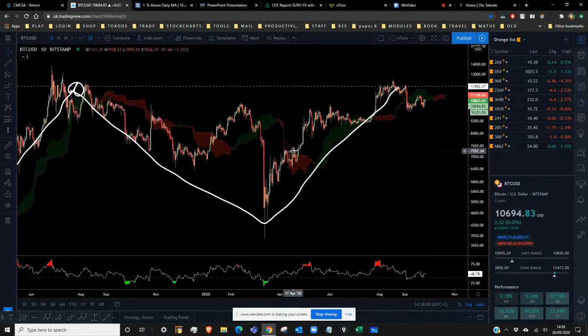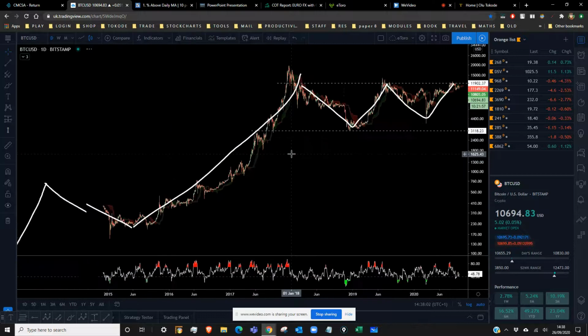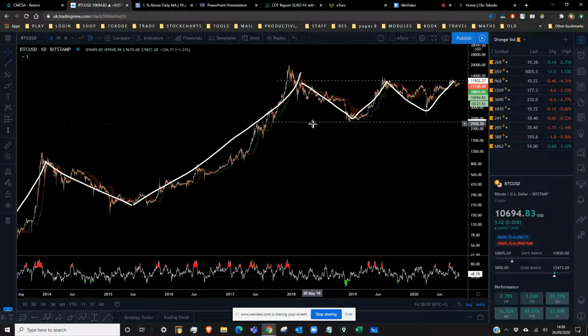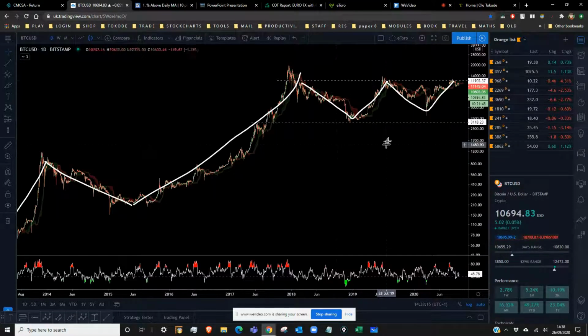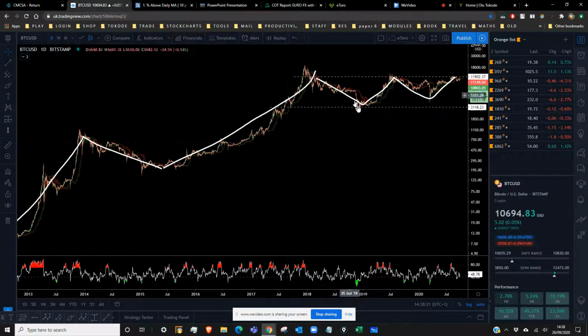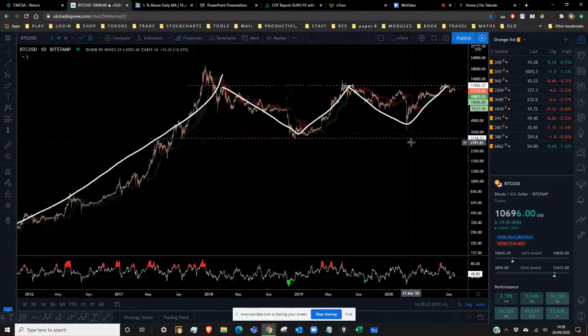But if you zoom out, you realize it's just a massive channel, bounded by these two parallel lines. At the bottom, price was 3,100. At the top, 11,900. So that's what price has been doing. It's just moving in and out, in and out.